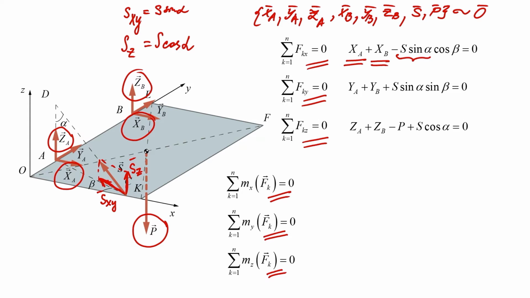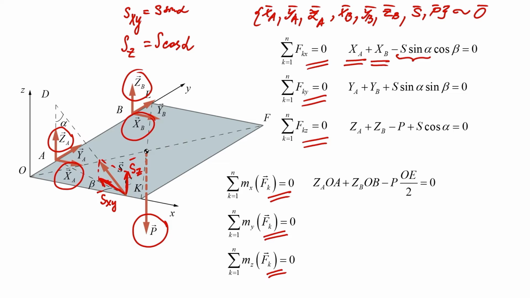Now let us write down the moment equations. The moment of forces XA, YA, and XB, YB with respect to the axis X is equal to 0, because the lines of action of these forces are parallel to or cross the axis.